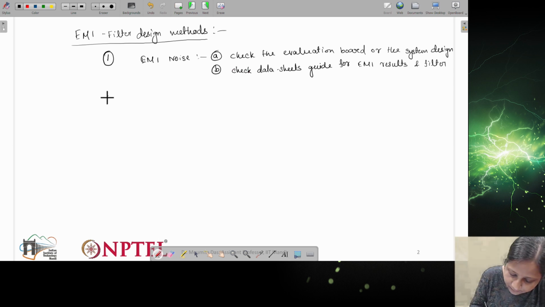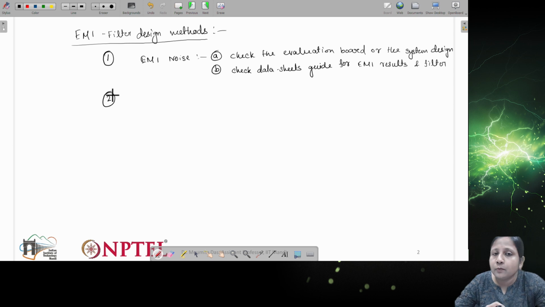The second step is that we have to either calculate or measure the EMI noise. The first step is that we have to look into the evaluation board or follow the design steps of the system. If we are following the design steps, then we have to calculate the EMI noise that can possibly be present in the system.